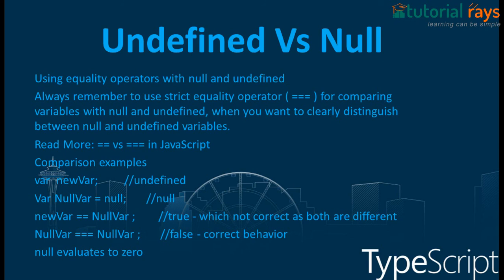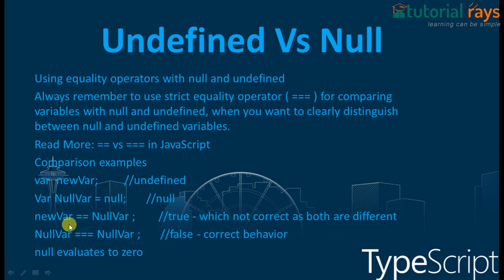Now, using equality operators with null and undefined. Always remember to use the strict equality operator, triple equals, for comparing values with null and undefined, when you want to clearly distinguish between null and undefined variables. So, a comparison example. We have declared here newVar and nullVar. In the first case the value is undefined because we have not defined any value, and in this case the value is null.